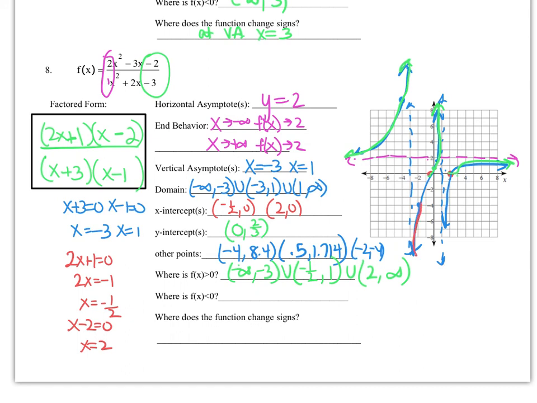So from -3 until that x-intercept, and then from 1 to that x-intercept. And then where does it change signs? It's changing signs at our vertical asymptotes as well as our x-intercepts at -1/2 and 2, 0.